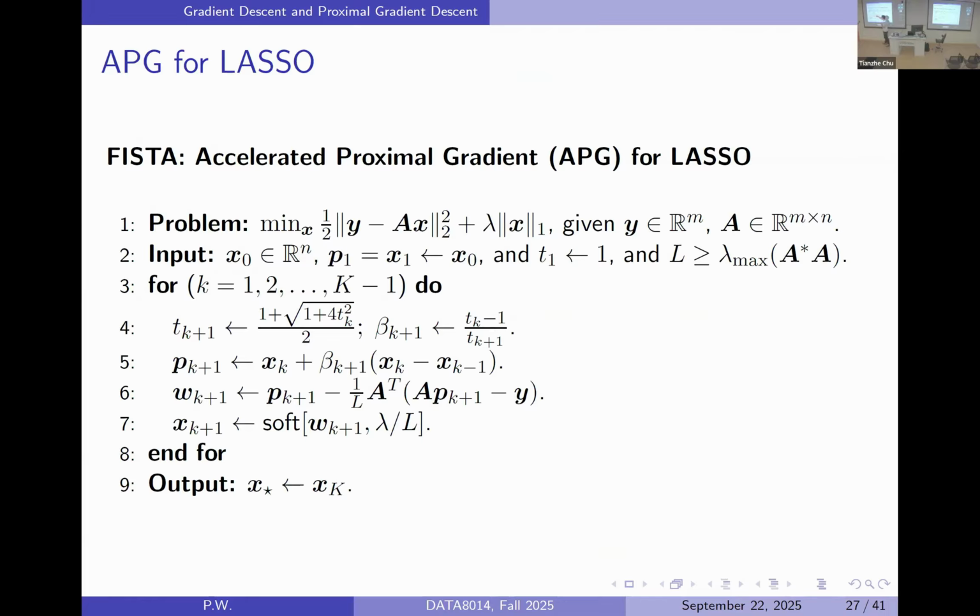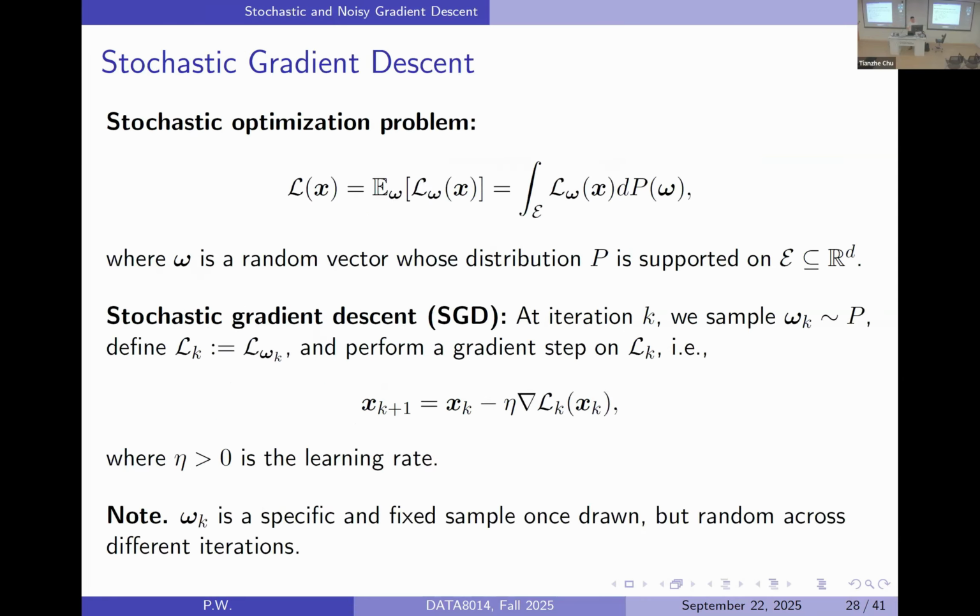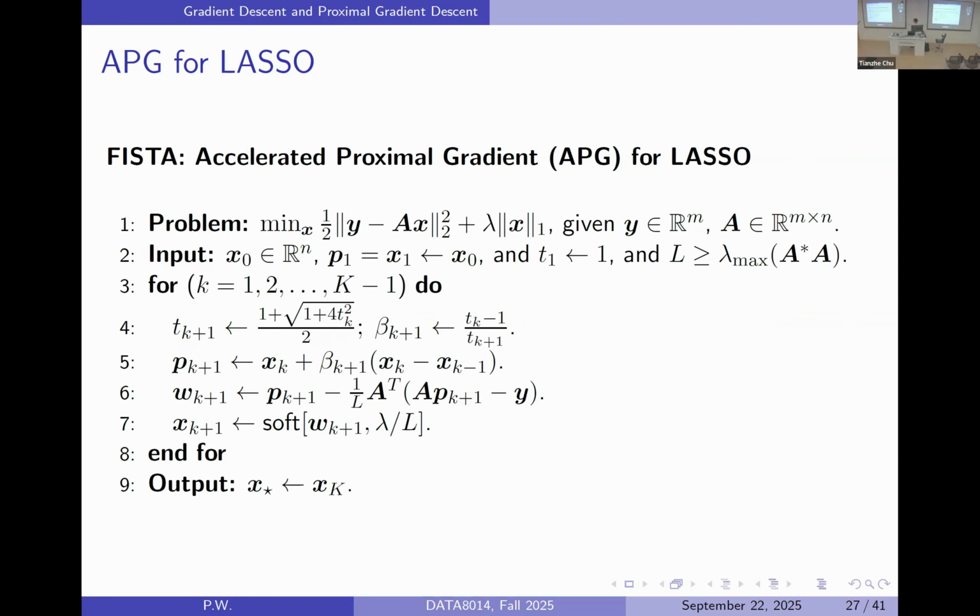We construct an auxiliary point, compute the gradient at this point, and then apply the proximal operator. This algorithm is named FISTA, the fast iterative shrinkage-thresholding algorithm. It's very famous, I think it was really famous about 20 years ago in the convex optimization community.